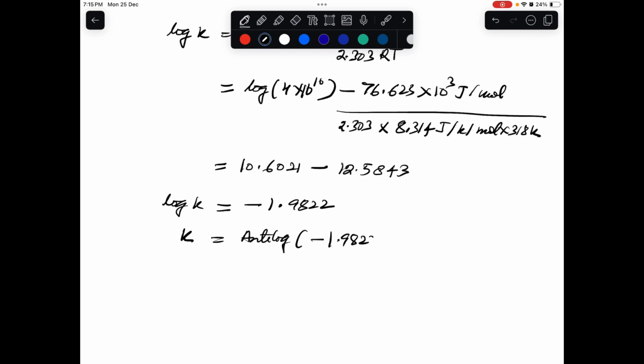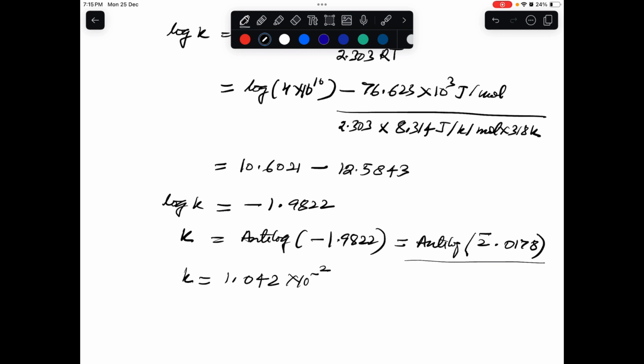We cannot take the anti-log this way, so we rewrite it and find the value from the anti-log table, and the value of K will be 1.042 into 10 raised to the power minus 2 per second.